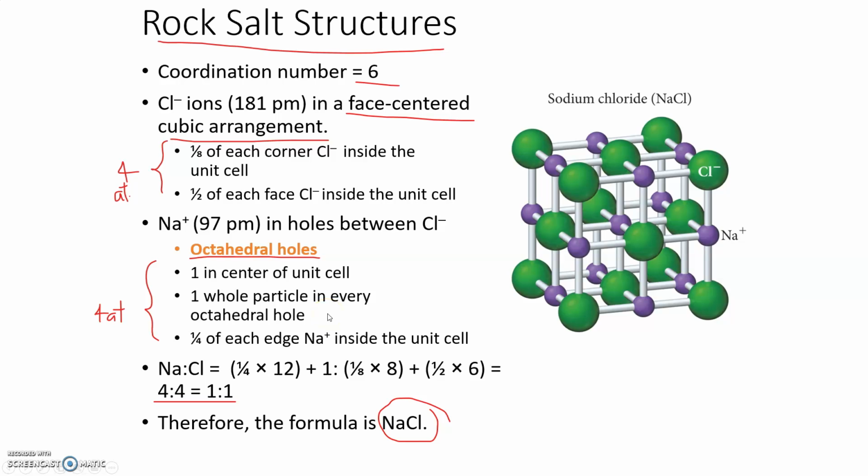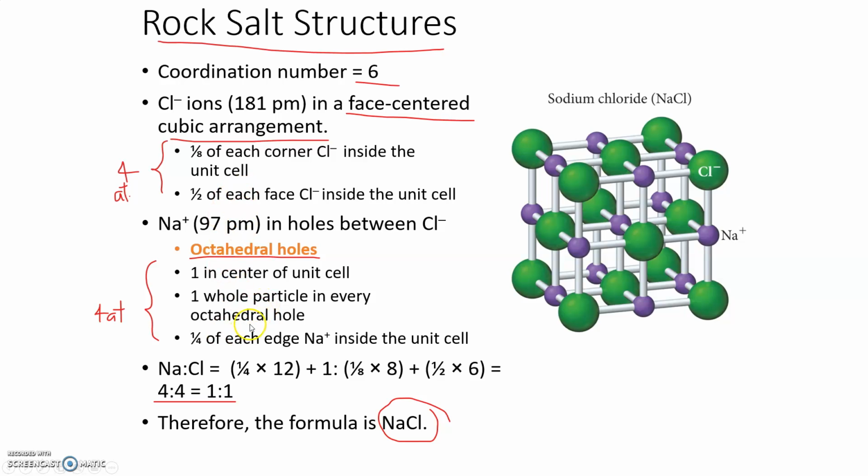In the case of rock salts, like sodium chloride, that is an example of this type of structure, the coordination number is 6. You have 4 atoms of the anion per 4 atoms of the cation.